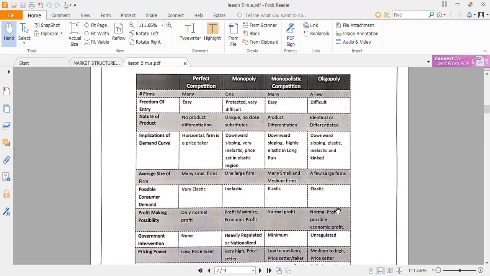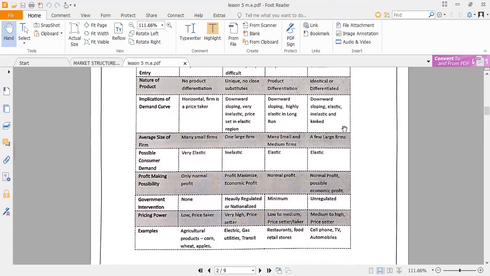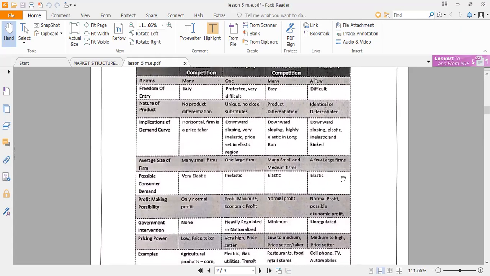When we go to oligopoly, what should come into your mind are cartels. These cartels predominantly will fall into the energy, TV, automobile, and cell phone sectors, or the OPEC countries, who have merged together to form what is called a cartel. In this cartel, there is a market leader.